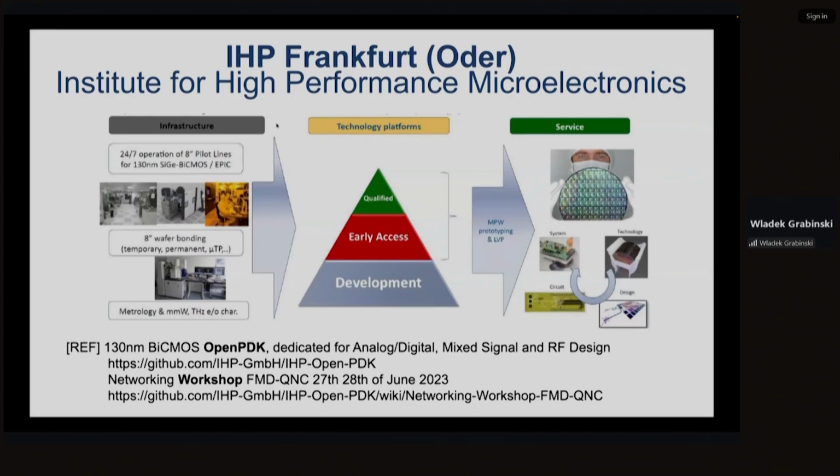IHP is a well-established institute with complete infrastructure for chip manufacturing. They have an 8-inch pilot line, which is industry standard grade. They manufacture a 130 nanometer silicon germanium BiCMOS process with different options.